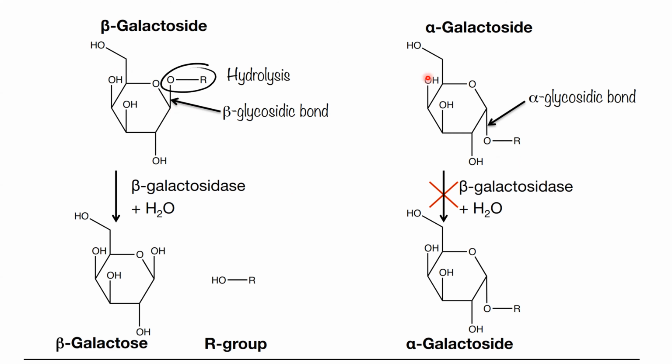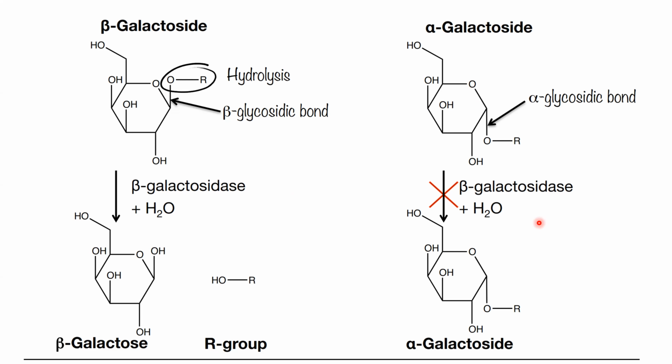So what happened when we used the beta galactosidase enzyme with the alpha glycosidic bond, though all of the structure was the same, so it should carry out, right? But it doesn't work. There was no change of the galactoside into the galactose, or no removal of the R group, there was no hydrolysis.